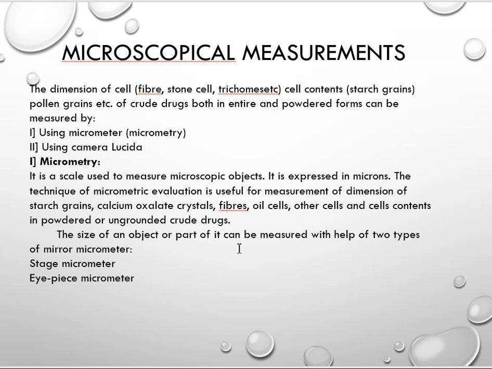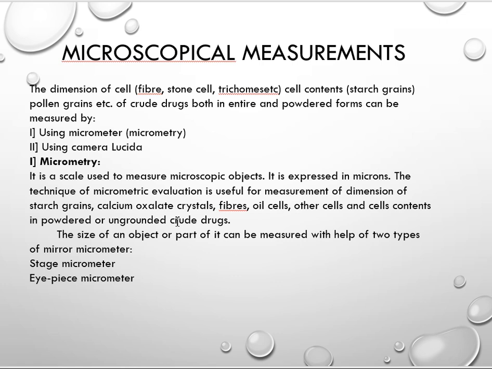The size of an object can be measured with the help of two micrometers, that is stage micrometer and eyepiece micrometer. Eyepiece micrometer is also known as ocular micrometer.